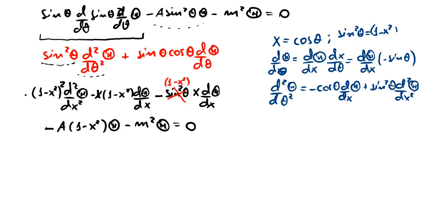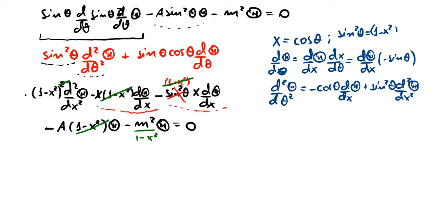So these two terms can be put together, right? These two terms are the same, so it's going to be 2 times the same term. And I'm also going to divide everything by 1 minus x squared. So this cancels this term here, and this cancels this, and there will be a 1 over 1 minus x squared in this part here.